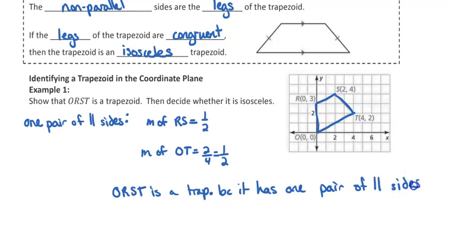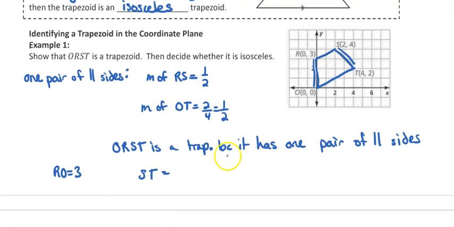Now it also says to decide if it is isosceles. If it is isosceles, then the two legs are going to be congruent. The distance from R to O, because it's vertical, we can just count it. So we know that the measurement of RO is 3. Now to find the measurement of the side from S to T, we need to use the distance formula.